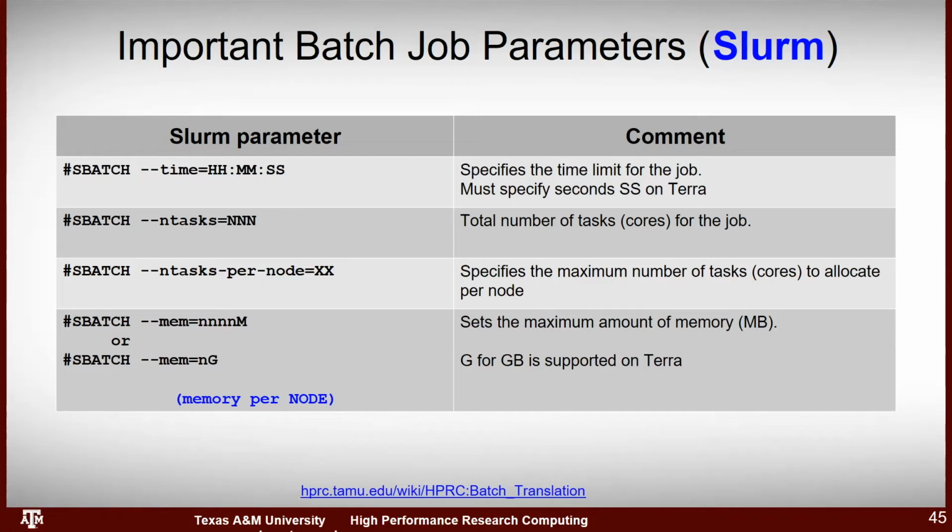That is a good question. I said that tasks are one way that you can request cores from Slurm. A core corresponds to a physical CPU. Now, you can use a CPU in two ways.